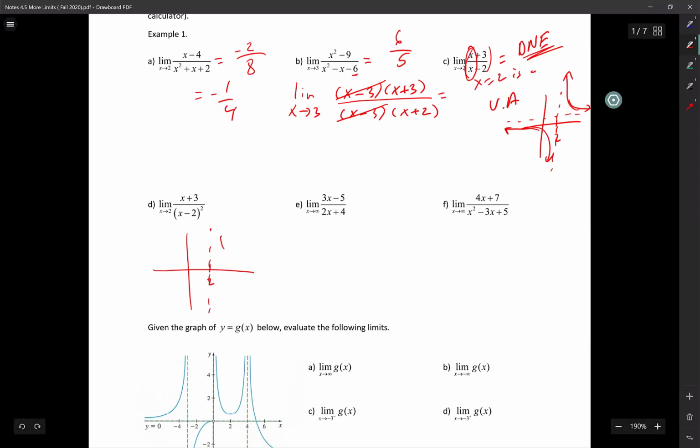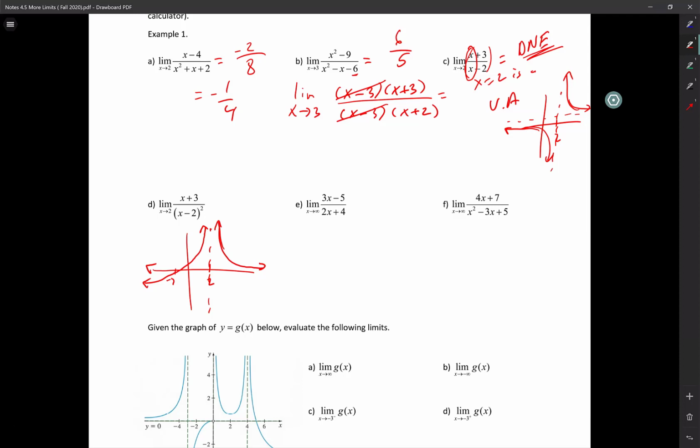And this one looks something like this. Actually, no. At -3. This one looks something like this. There we go. Something like that.